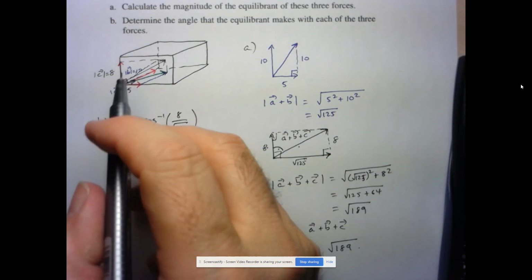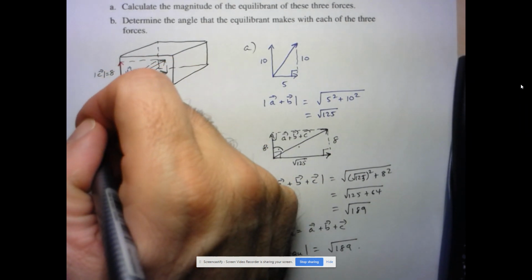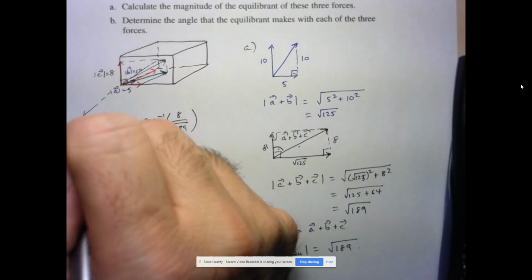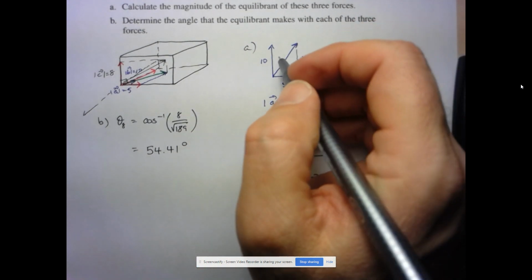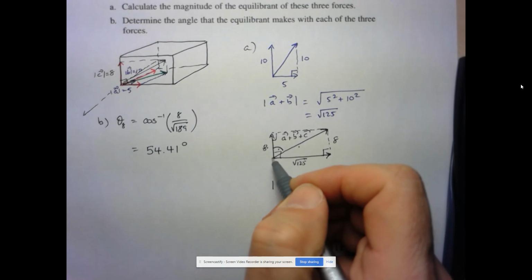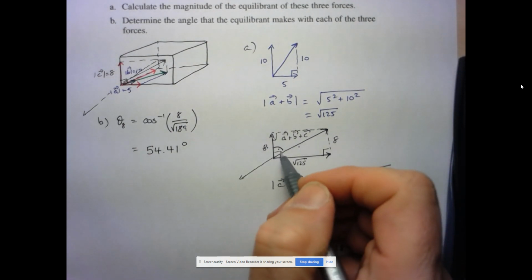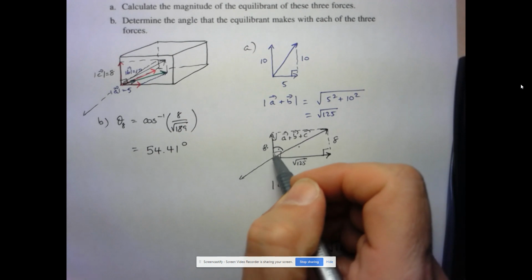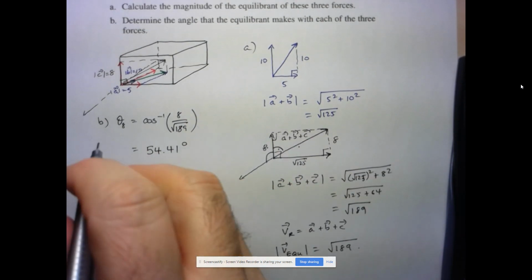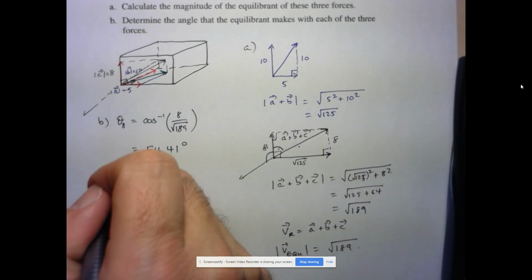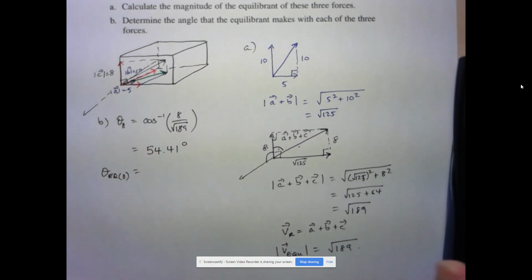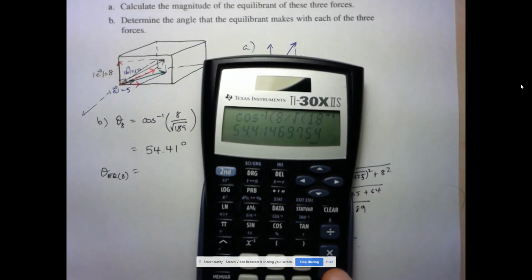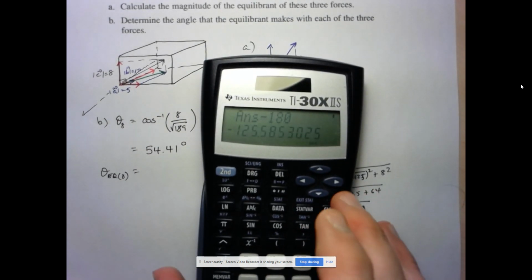I'm looking for the angle from the equilibrant to that vector. So if this is the resultant vector, this is going to be the equilibrant vector. If this is theta 8, this is just going to be 180 minus theta 8. So the angle of the equilibrant for 8 is going to be 180 minus that, so 125.58.